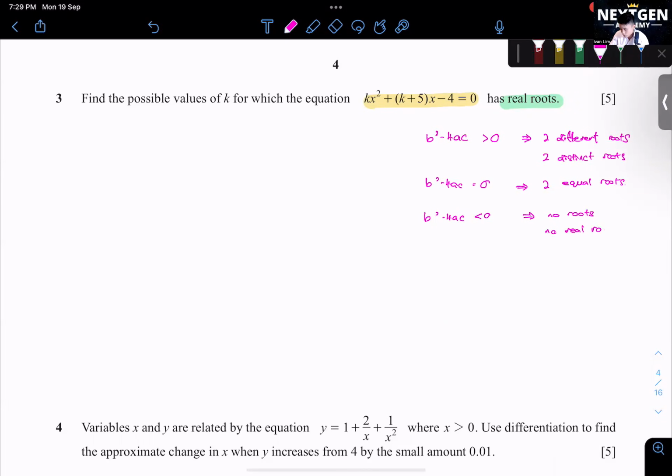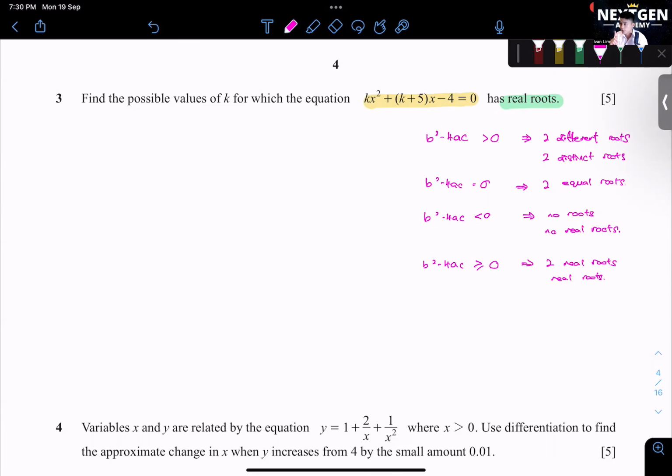This is the language they will use. If they say b square minus 4ac more than or equals to 0, this is when they say has two real roots or has real roots. The word real is there. Just remember this particular equation.